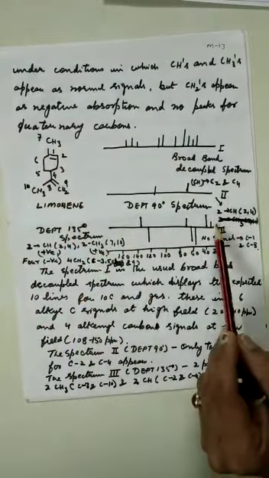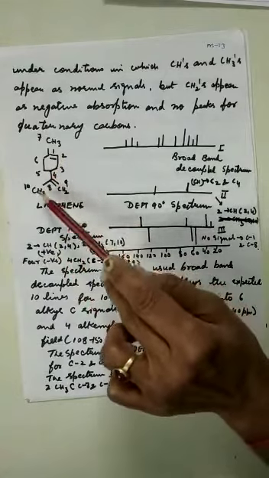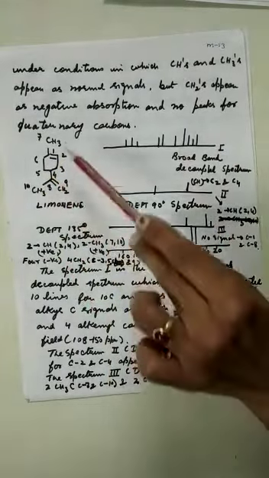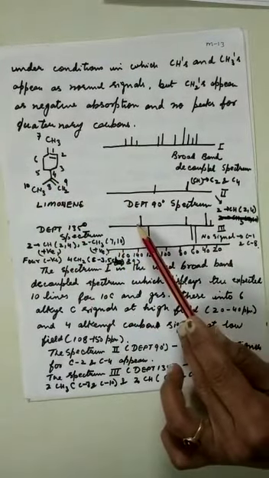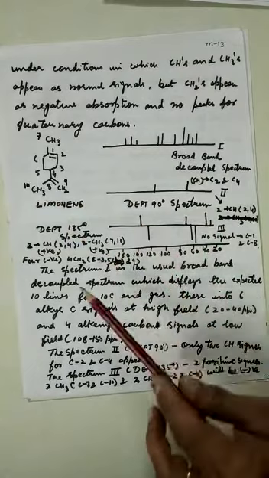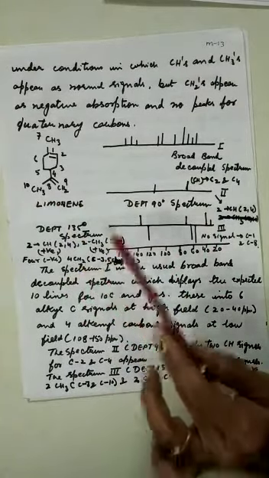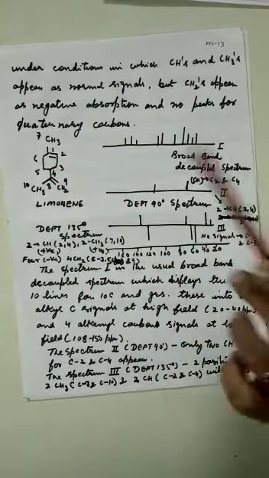So you will have two signals for the 2 and 4 CH, and the CH3s 7 and 10. So you have 4 signals on the positive side and signals on the negative side, that is the CH2s. Third and fifth, both are symmetrical, and will appear at one place.